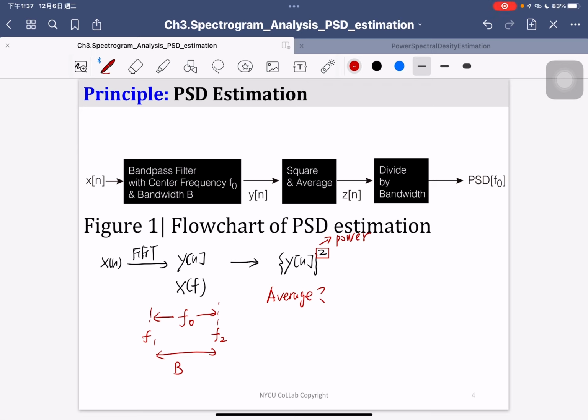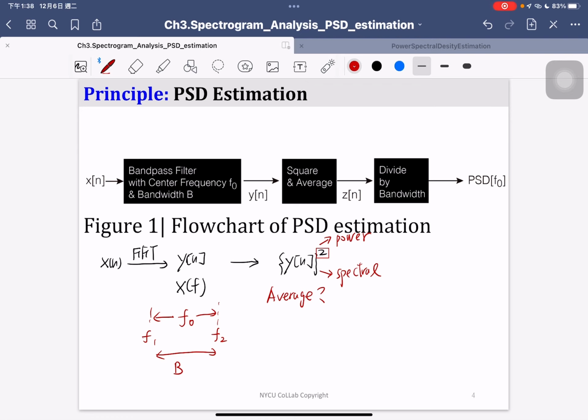It is the spectrum. So why do we call it the power spectrum? Because we take the square, which is the power, and here is the spectrum. So when we calculate these items, we call that the power spectrum, but we don't have the density yet. So how can we have the density?